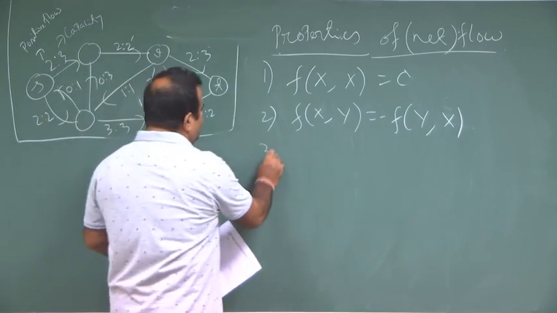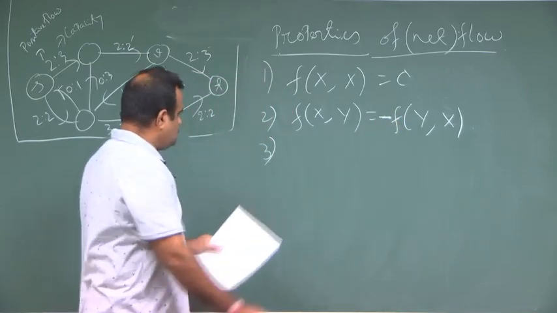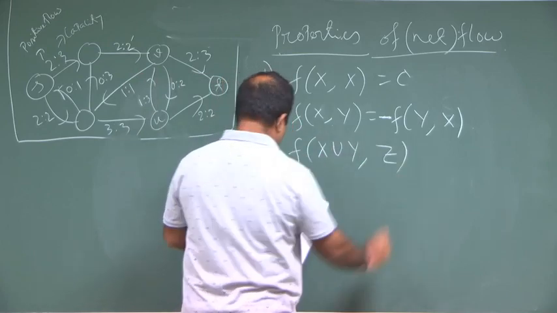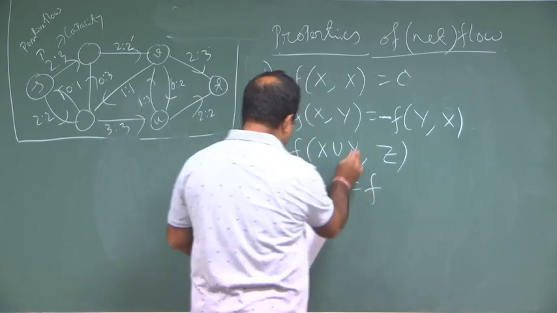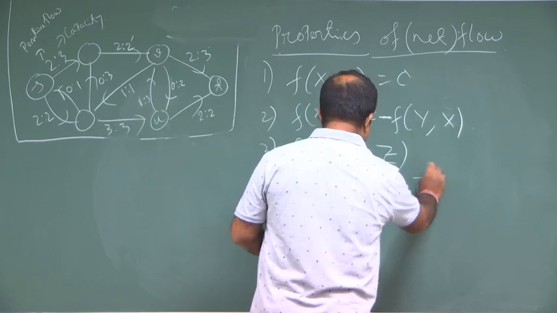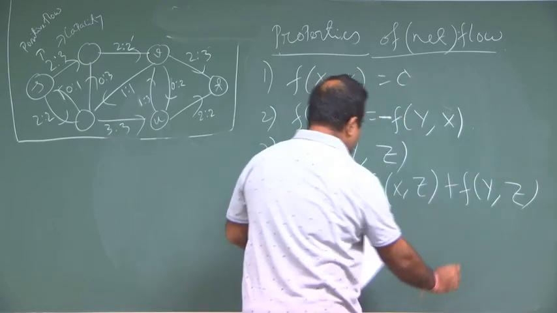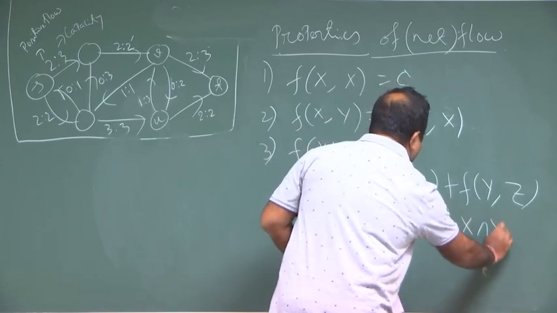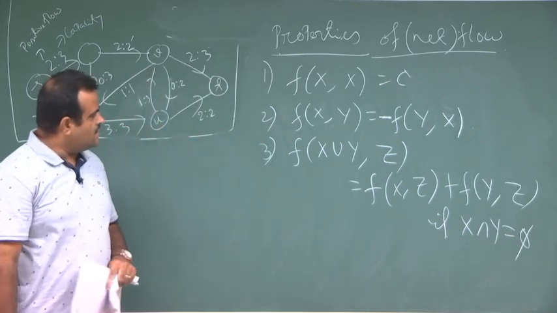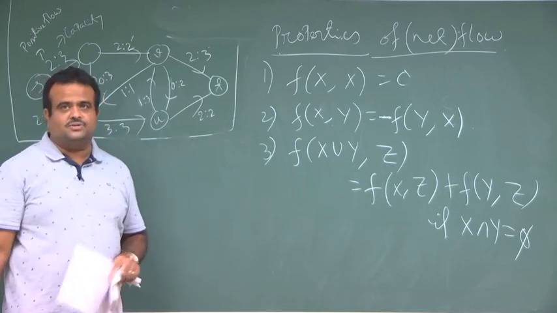Then another property: f of x union y comma z is nothing but f of x comma z plus f of y comma z, where x and y are disjoint sets. This is the property we have.